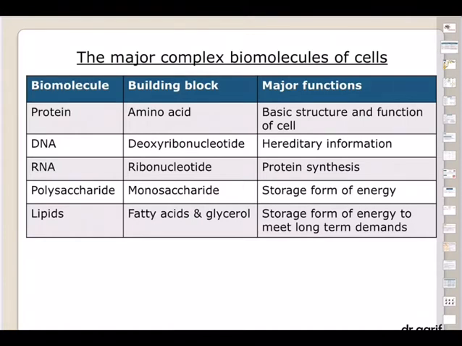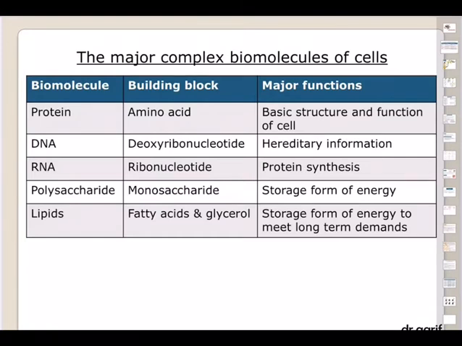The basic structure and function of the cell is decided by what type of protein is present in the cell. Next, DNA. The expansion of that is deoxyribonucleic acid, and this is made up of deoxyribonucleotides, and they have our secret, that is genes. So DNA has our genes, which are hereditary information centers.